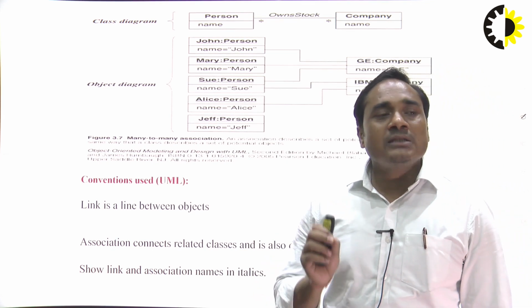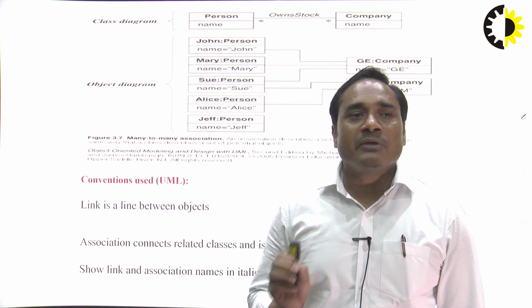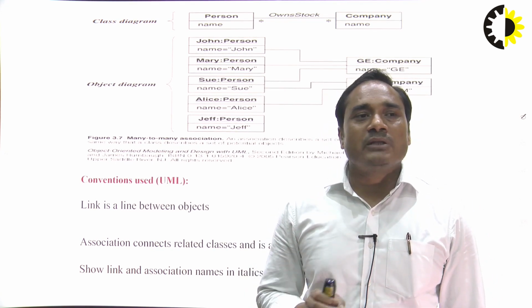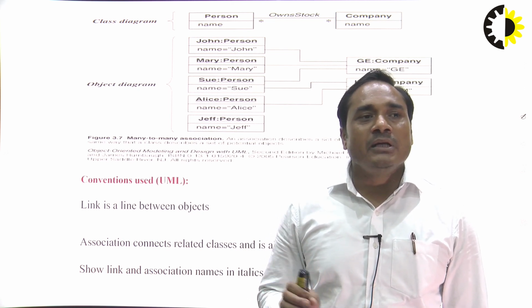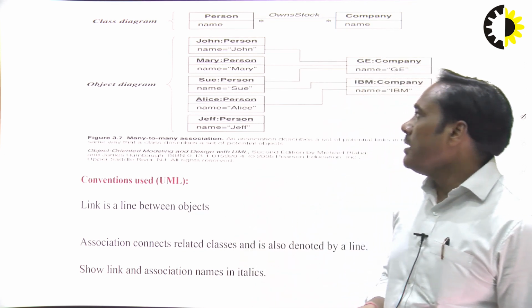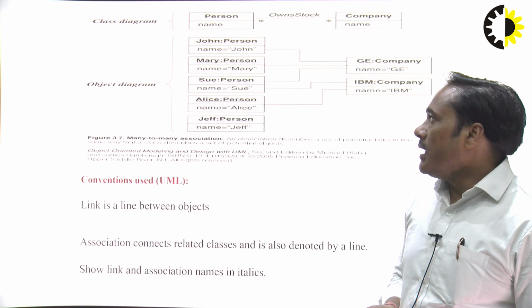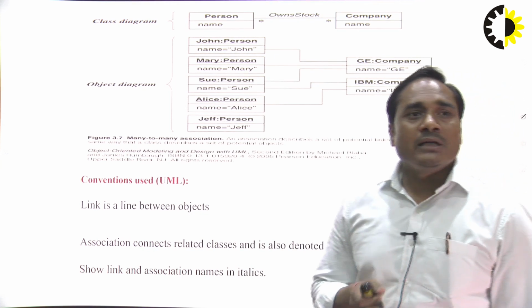But in this diagram we are showing the name of the person and the name of the company. If you show the name of the person associated with a company, then it shows the link.